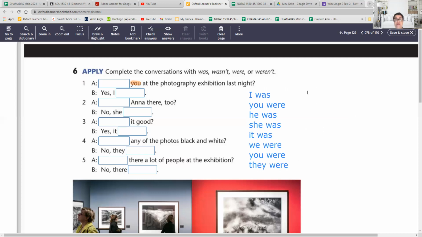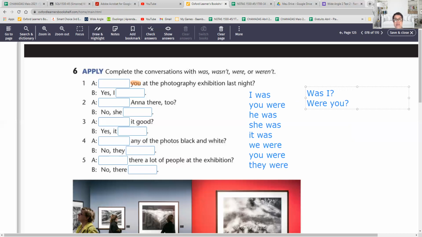Now, the interrogative form, I just need to change the position of the verb in relation to the subject, okay? So here, the question is going to be, was I? Okay. The second one, how do we form the question? Were you?